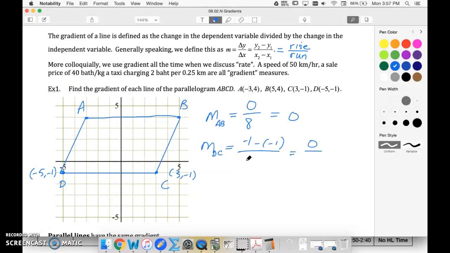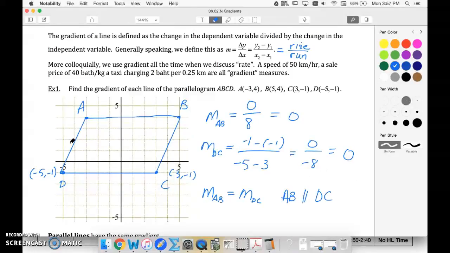On the bottom, I've got negative 5 minus 3, that's negative 8. Of course, 0 divided by negative 8 is just 0. So our two parallel lines had the same slope. So we know that M of AB was equal to M of DC, and we also know that AB is parallel, we use this symbol for parallel, to DC.